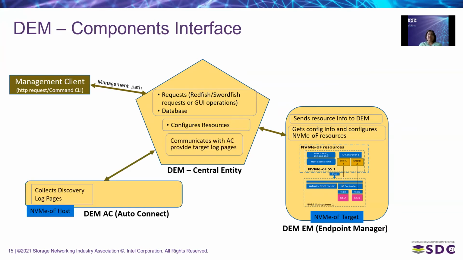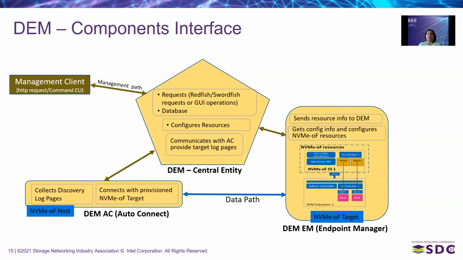And on the other side, it communicates with the DEM Auto Connect, which will collect all the discovery log page information from DEM, and it will know which are the subsystems that are available for it to connect to. And in this case, DEM acts like a target, and DEM Auto Connect will act like a host, and it will know the subsystems that are provisioned for it and then make a connection to those subsystems.